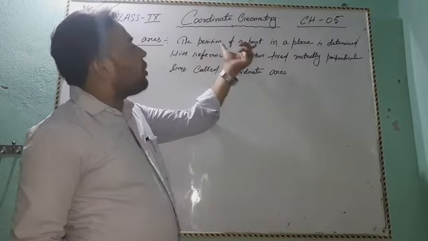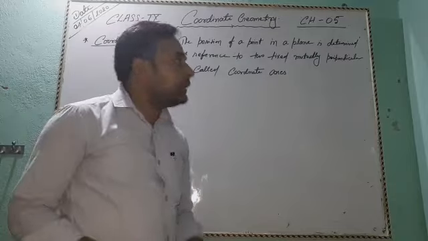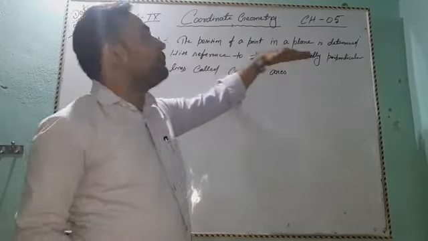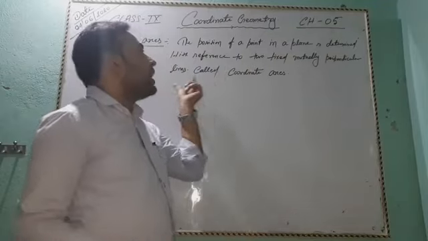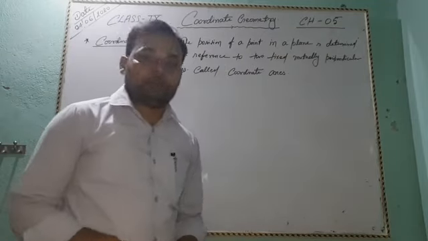The position of a point in a plane is determined with reference to two fixed, mutually perpendicular lines called coordinate axes.